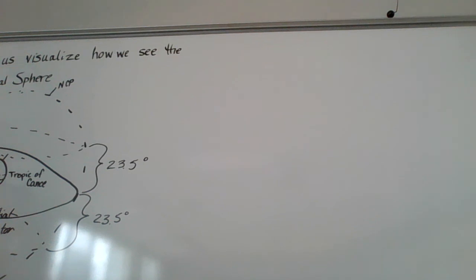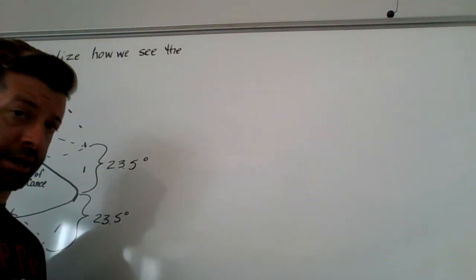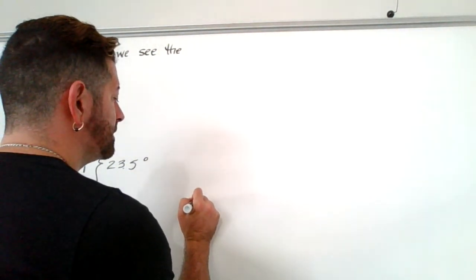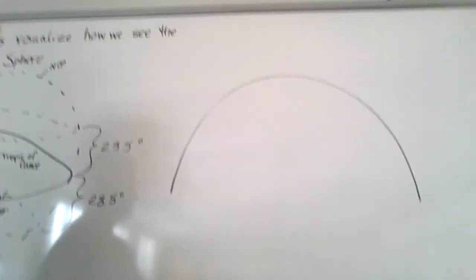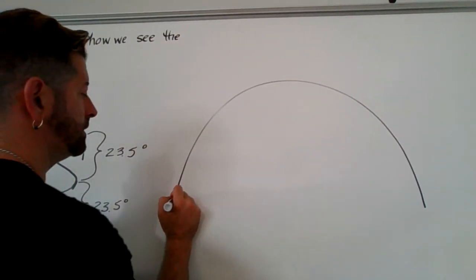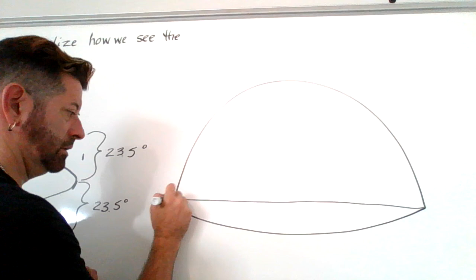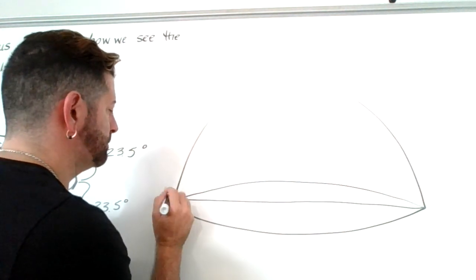So when we draw a geocentric view diagram, we're drawing it like you're looking at it from your backyard. So you'll start with just a simple arch to represent the night sky. And then a ground line, which you then connect. Oh, it's not very perfect, is it?